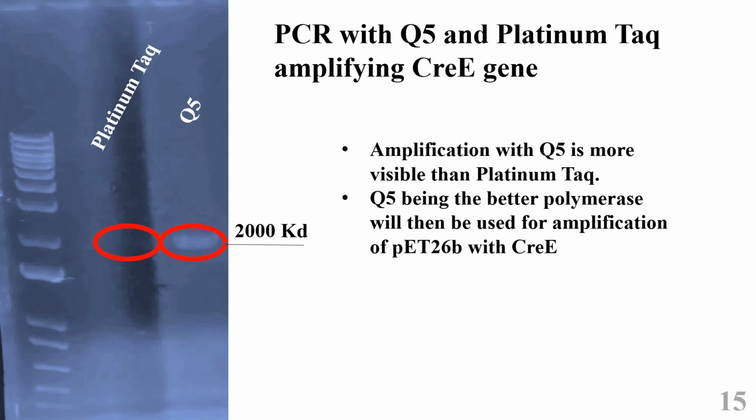Both polymerases gave us our amplified gene segment. Platinum Taq successfully amplified the gene, but not as well as Q5, which gave us a heavier band. With the successful amplification of the gene CreE using Q5, we then tried to use Q5 in a mutagenesis reaction to delete the 4 histidines as mentioned before, with primers designed for them.